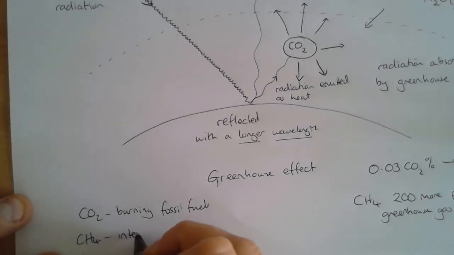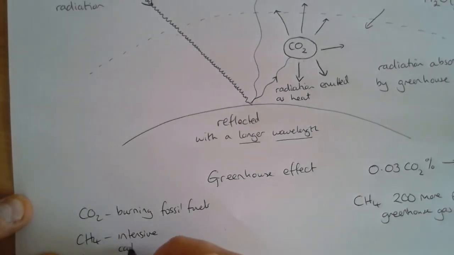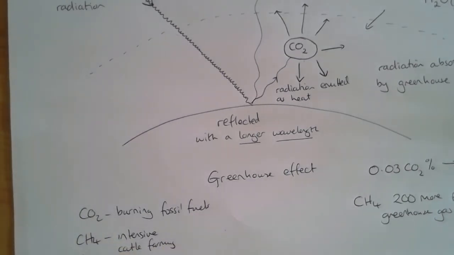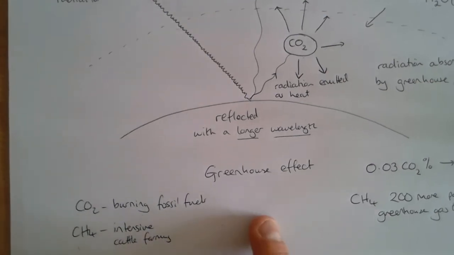Methane is released as a result of intensive cattle farming, particularly. There are other sources of it, but intensive cattle farming releases a huge amount of methane, as does intensive rice farming and intensive soybean farming. But the large increase, particularly in cattle farming, has led to an increase in methane production. Cows basically release huge amounts of methane as a result of their digestive process.